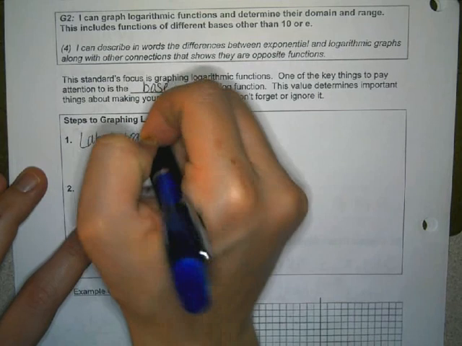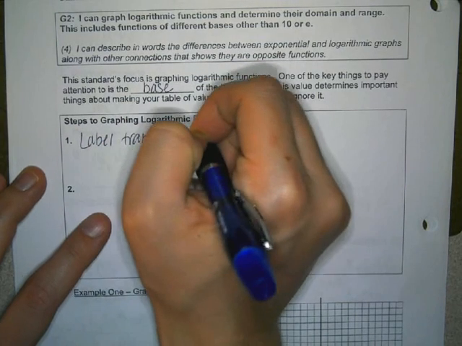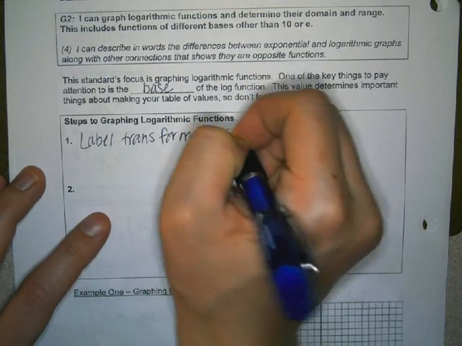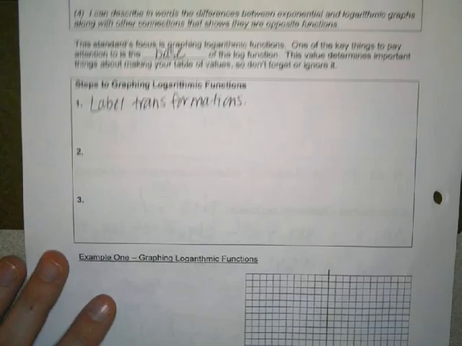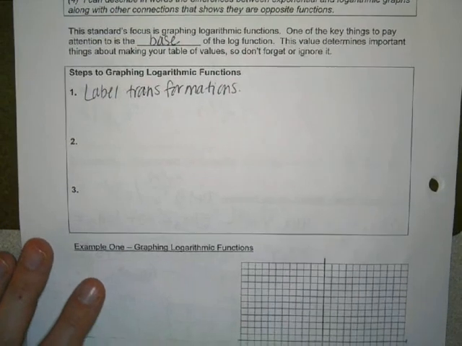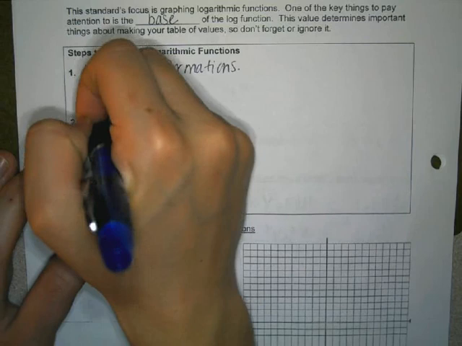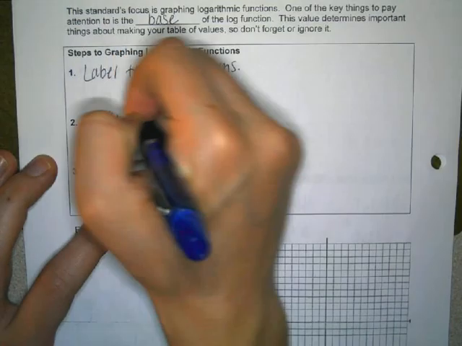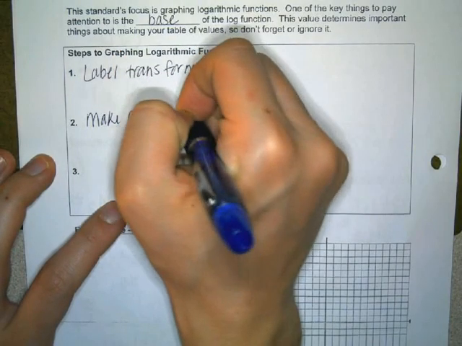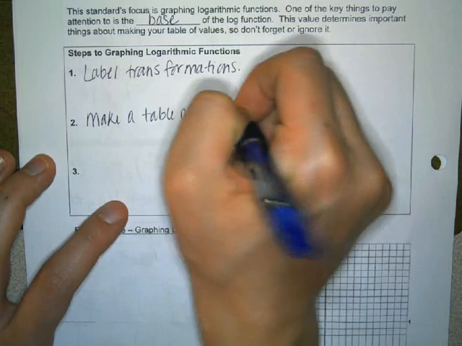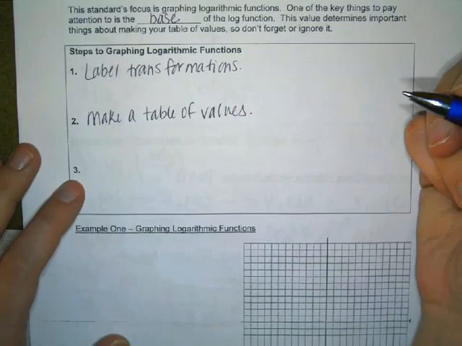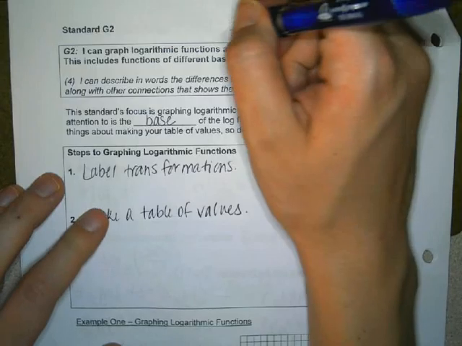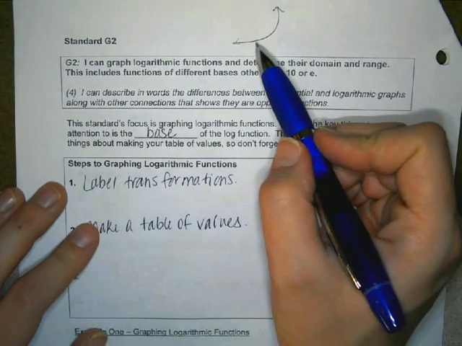You're going to see h and k up here again, so it's going to move your graph the same way as all the other times we've used it. And the next step is we make a table of values. Now, we are not going to use -1, 0, and 1, because with an exponential graph that grows very quickly, that gives you 3 points that are kind of spread out.